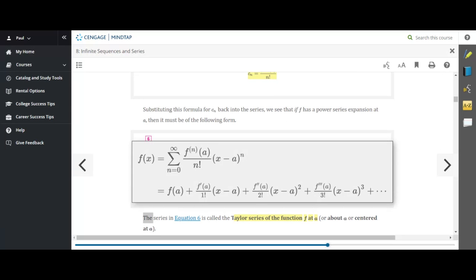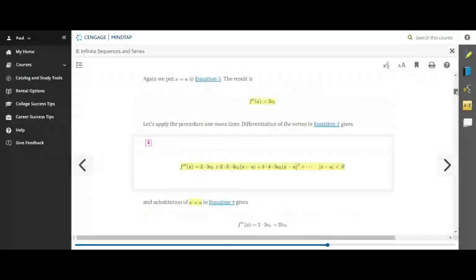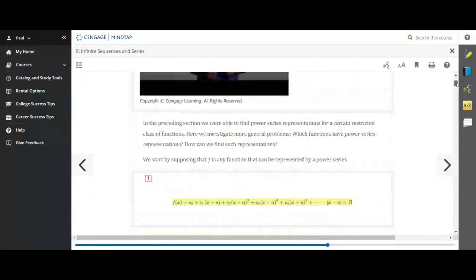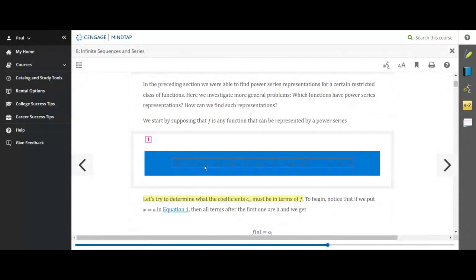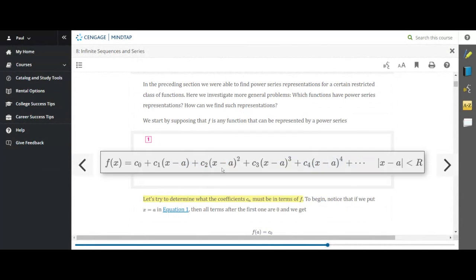Yes, Claire. Professor, my question is, what's the difference between this summation and the one we just saw before? Well, it's the same summation. What you saw before, let me go up here. This was the summation that we started with, right?